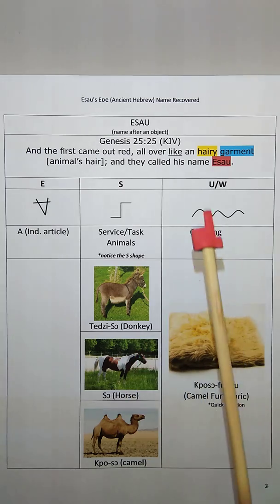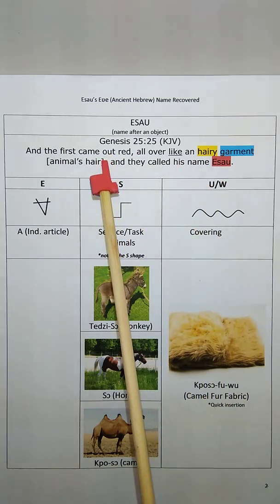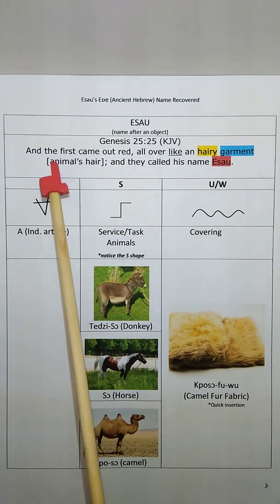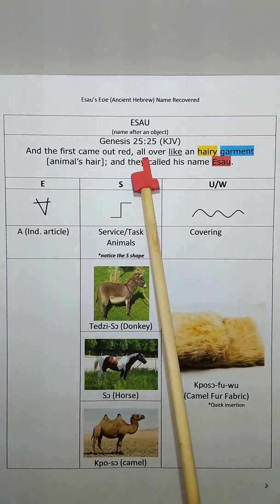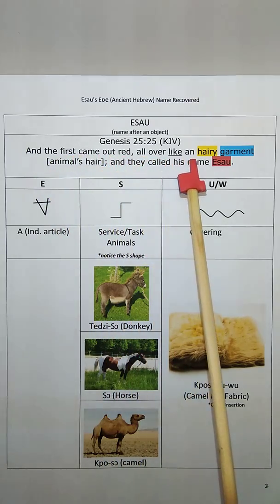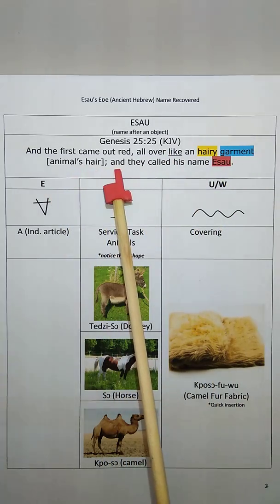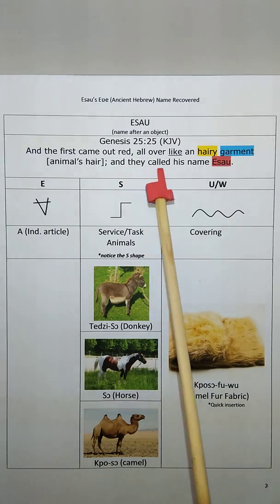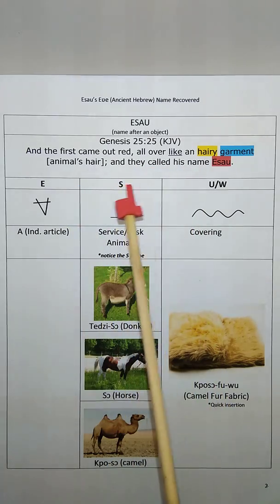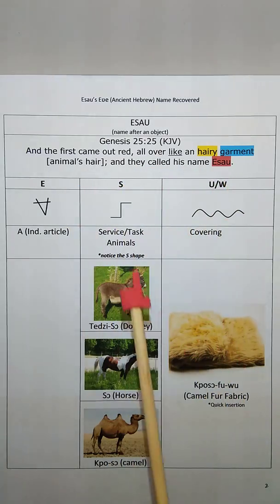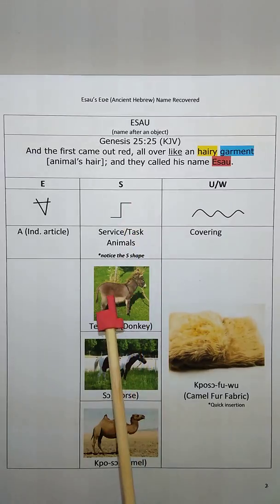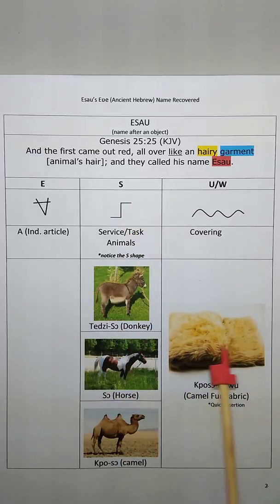And going back to Esau again, we read the same thing. He came out all red, like an hairy garment, like an animal's hair. He looks like an animal's hair, and they called his name Saw. Again, the Saw is a task animal, and the wool is its covering.